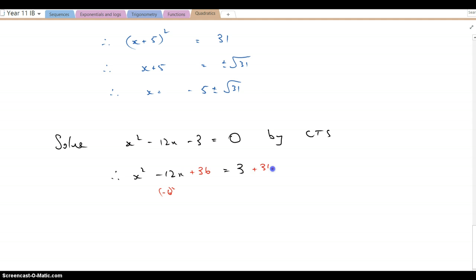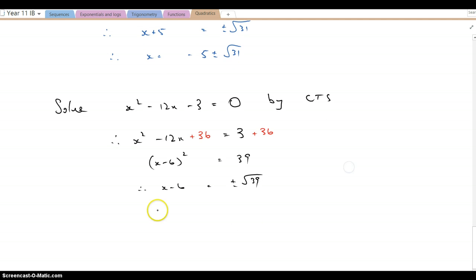So I'm adding 36 to both sides. So what have I got on the left hand side now? I've got x minus 6 all squared, and I've got 39 on the right side. So x minus 6 is equal to plus or minus the square root of 39, and therefore x is equal to 6 plus or minus the square root of 39.